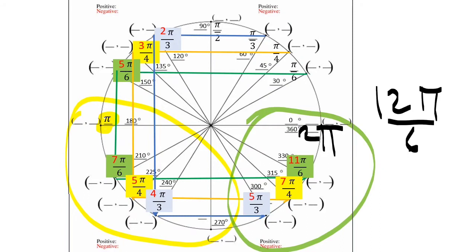So 1 less than that would be 11 pi over 6. Double as far as pi over 4 would be 8 pi over 4. 1 less would be 7. And then for pi over 3, 2 pi would be like saying 6 pi over 3. So 1 less would give you 5 pi over 3. So either count or use the 1 less and 1 more.